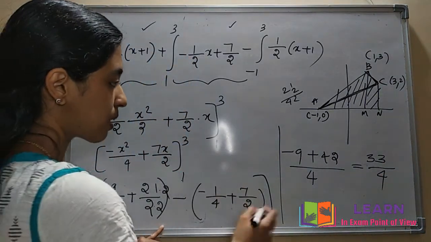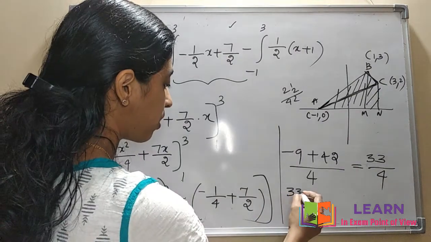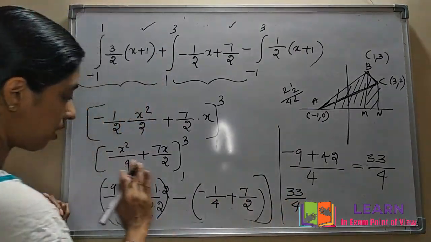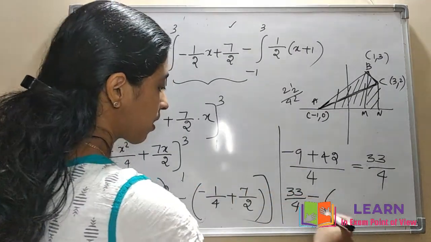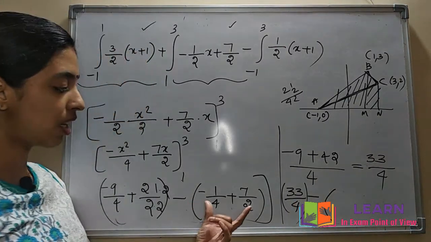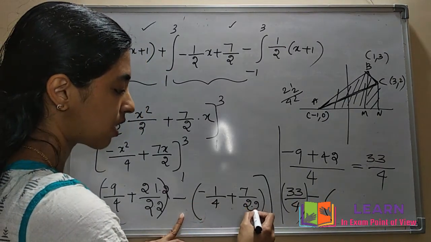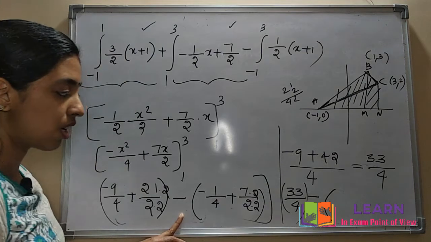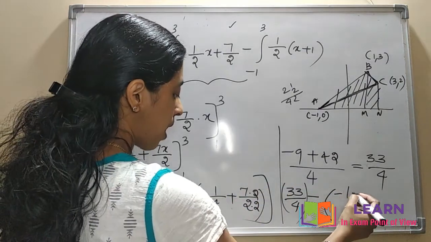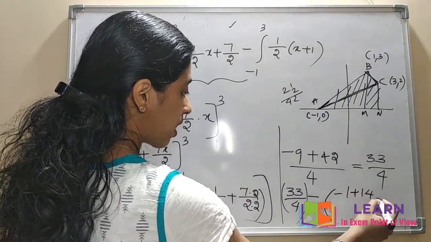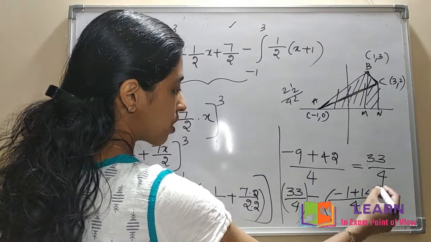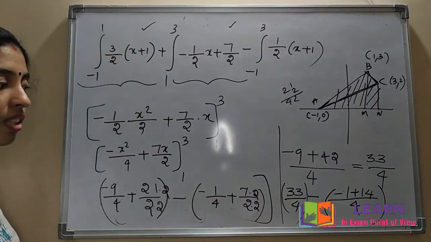Then simplify this part. So we have now 33 by 4, this part, minus. Here on simplifying again, take LCM into 2. So in the numerator we have minus 1 plus 14, right? 7 into 2. Denominator 4. That is 13.